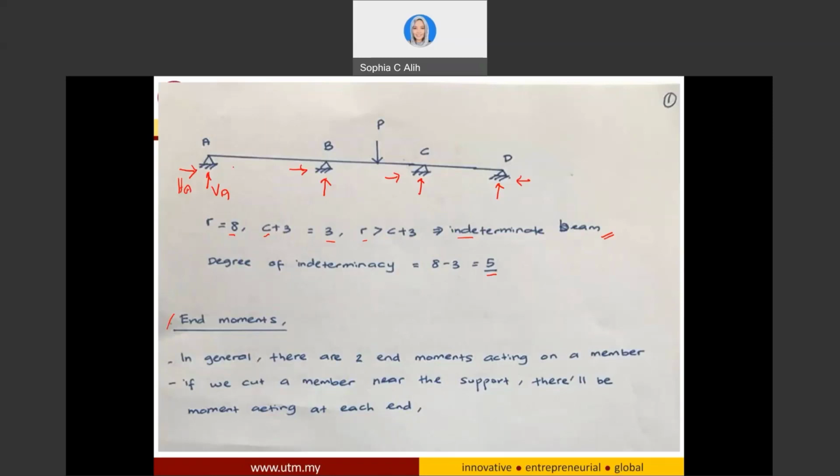So if I have member AB, and I cut this member near to the support over here, then I will have an end moment acting on this part of my structure, and another end moment acting at the end part of B support. So for one member, if I cut it, I will have two end moments acting on that particular member.